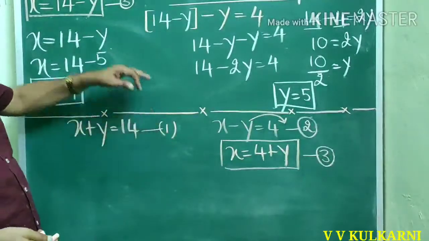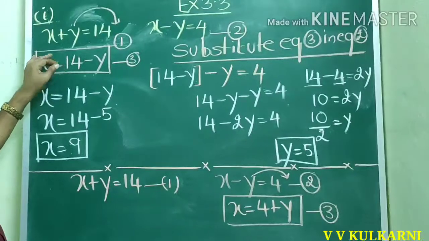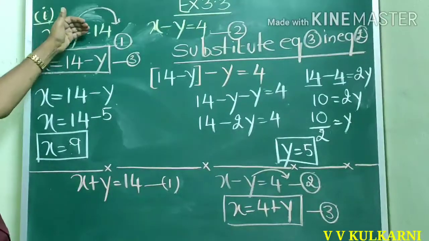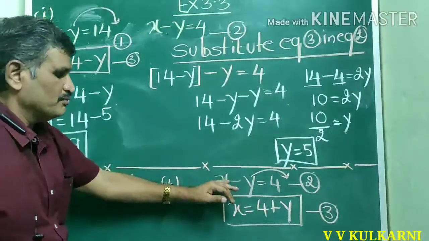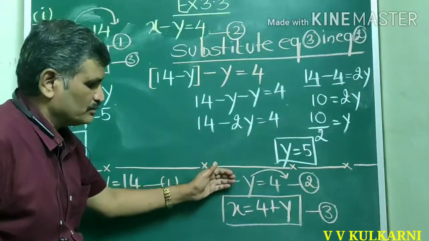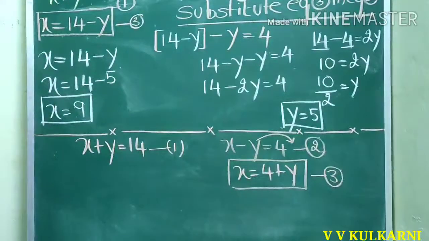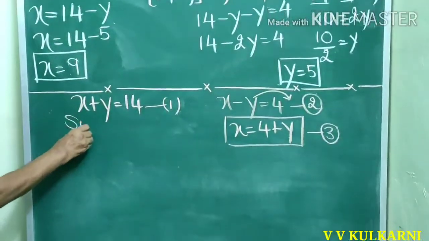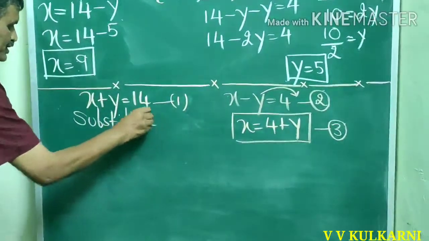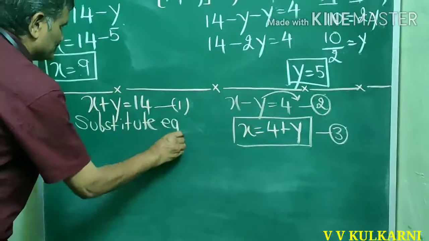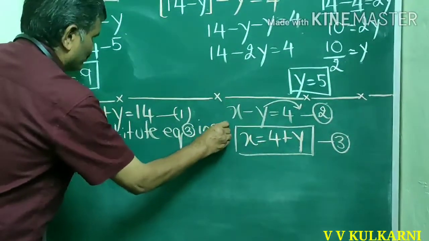If you see the first method, I have substituted x from the first equation in the second equation. In the second method, I am trying to substitute x from the second equation in the first equation. So what I'll write here is, substitute equation 3 in equation 1.